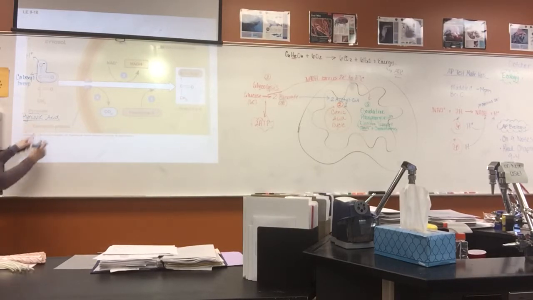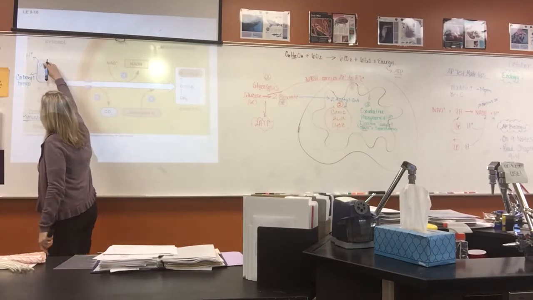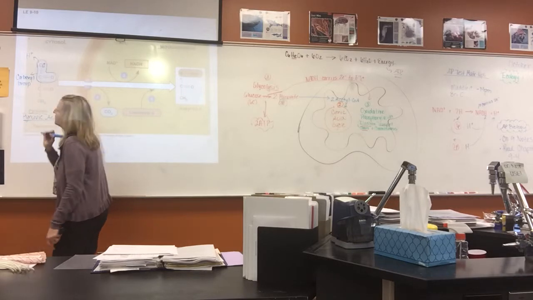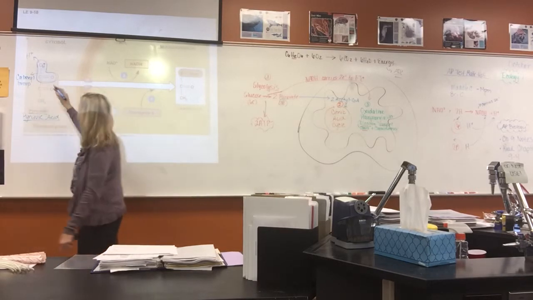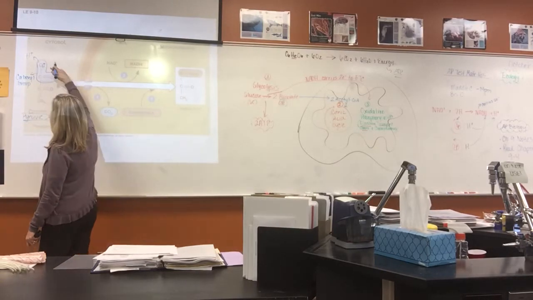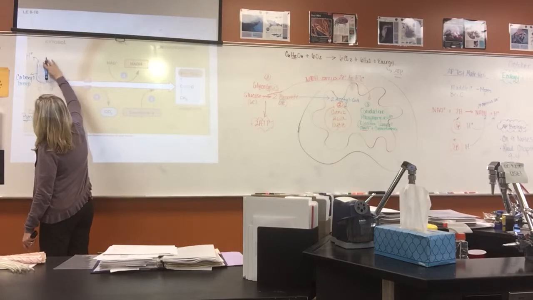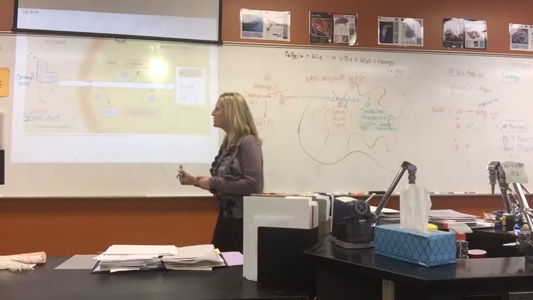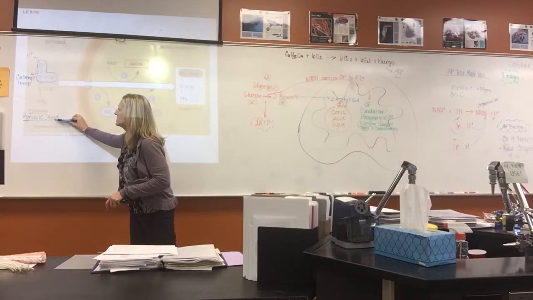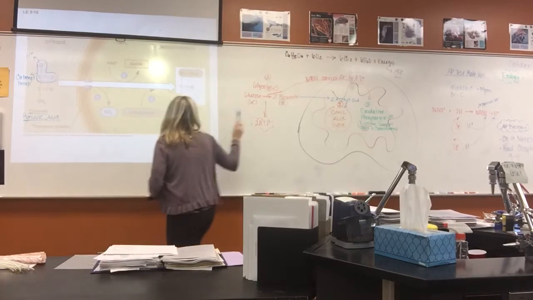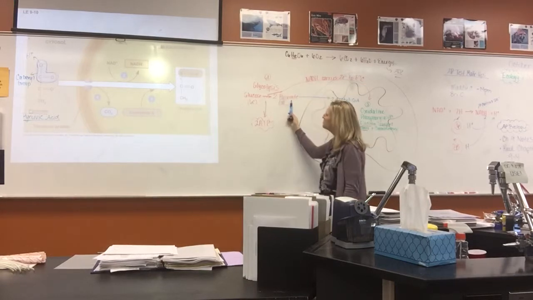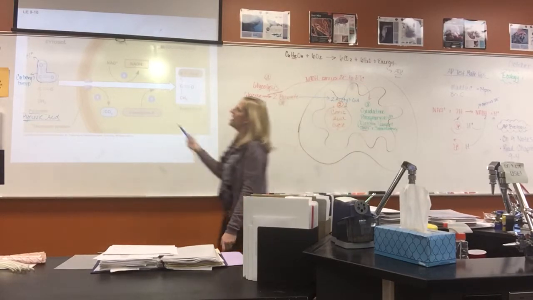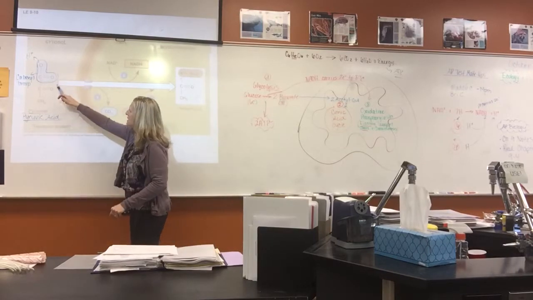So pyruvic acid would look like this, without a negative charge, and you'd have your OH there. If it acts as an acid and gives off its H plus, it now looks like this, and it's called pyruvate. So if you see glycolysis makes 2 pyruvic acids and think, I thought you said pyruvate, that's why.